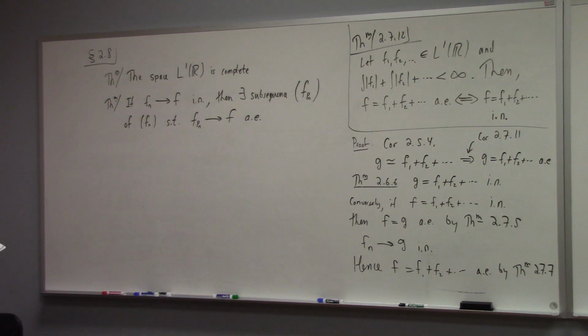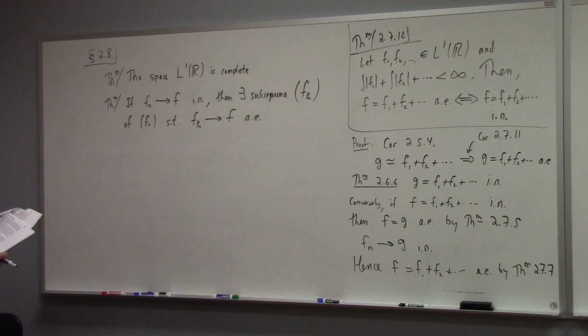Now that's interesting. So there's another relation between convergence in norm and convergence almost everywhere. If you have convergence in norm, then you can recover convergence almost everywhere subsequentially, apparently. That's neat.